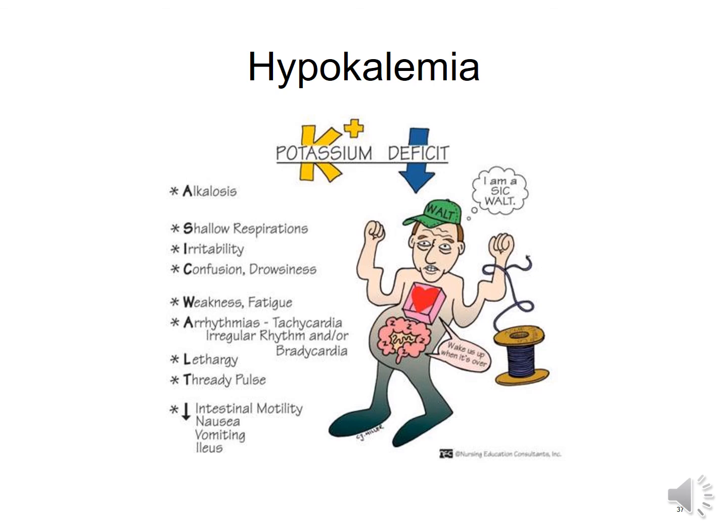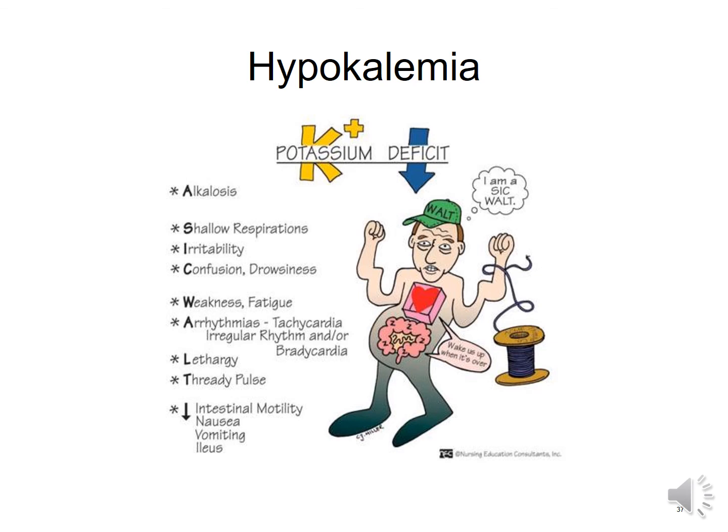They'll have shallow respirations because of muscle weakness. So we're going to assess their breath sounds, their work of breathing, the color of their nail beds, mucous membranes, the rate and depth of respiration. They're going to be irritable and have confusion and drowsiness.